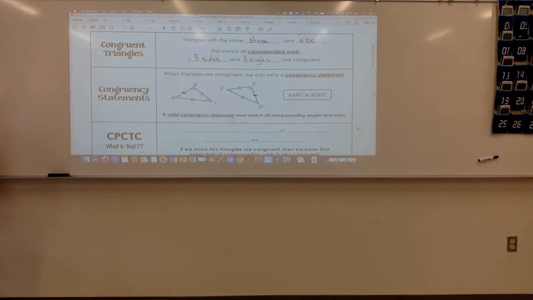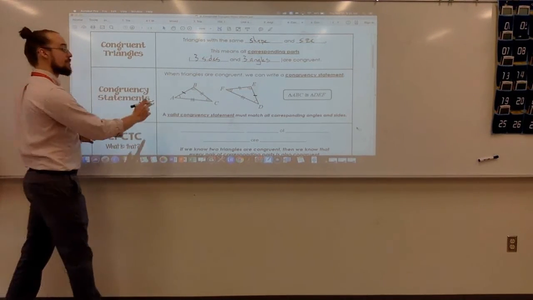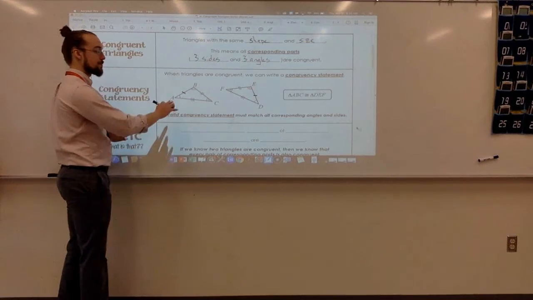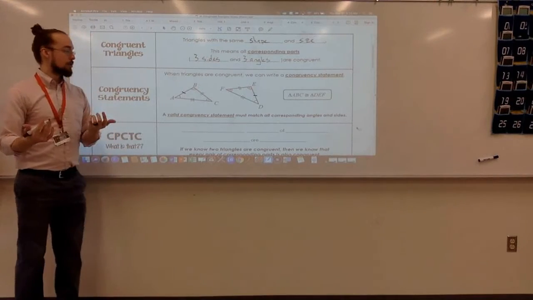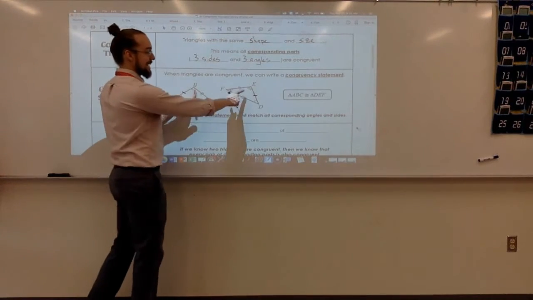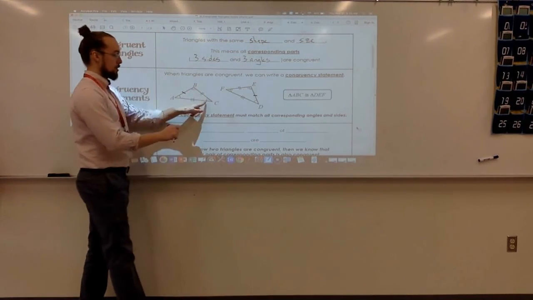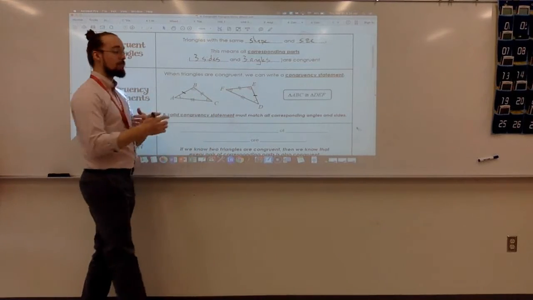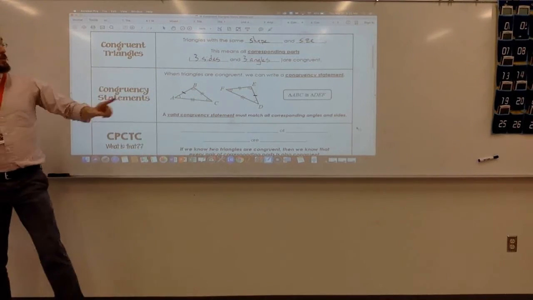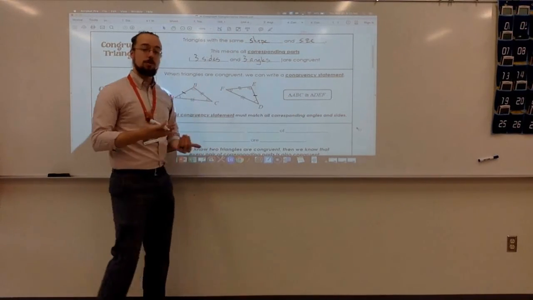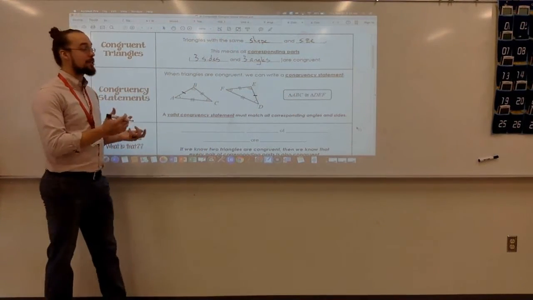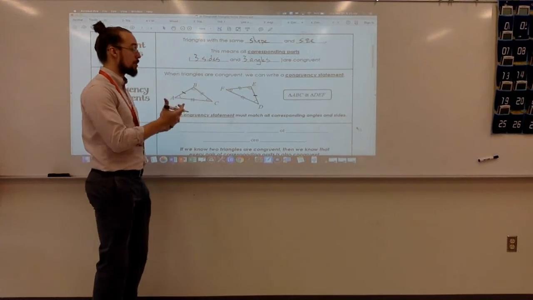You do the same thing for the angles. The angles have the same number of arcs. So A and D have the same measure. B and E have the same measure. And C and F have the same measure. So when we're writing a congruent statement showing the two triangles are congruent, we're just matching up corresponding pieces that we know are the same.